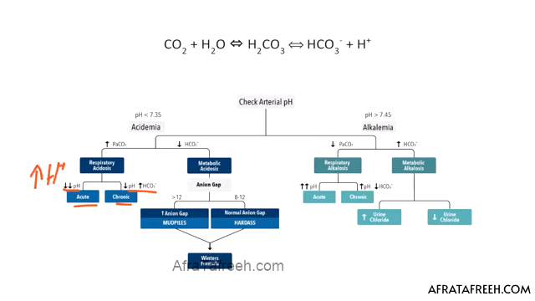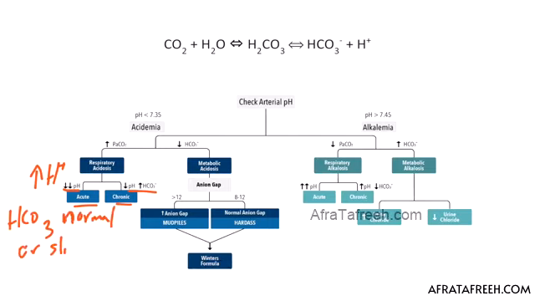Likewise, the bicarbonate concentration in an acute respiratory acidosis will likely be normal or slightly elevated. This is because the kidneys haven't had time to reabsorb additional bicarbonate. In a chronic respiratory acidosis, the kidneys have had sufficient time to reabsorb additional bicarbonate, so the bicarbonate concentration should be elevated.